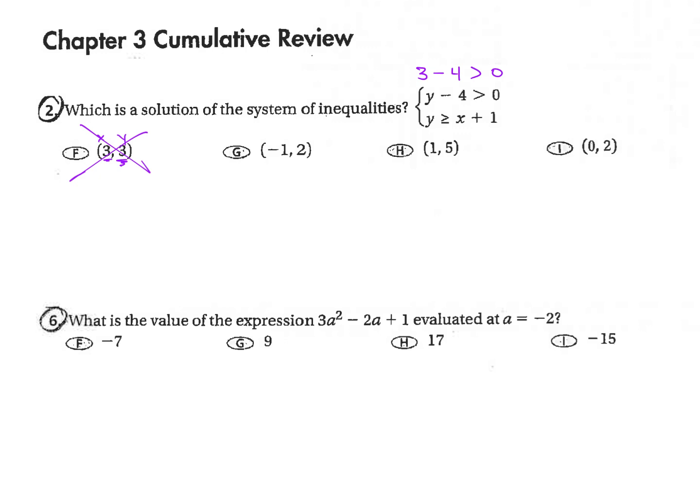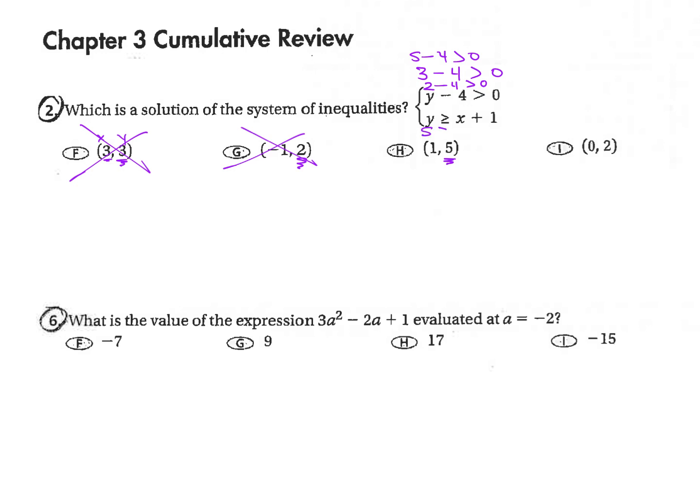So look at the second one. If I plug in a 2 right here, 2 minus 4, is that greater than 0? It's not, right? So that one doesn't work. If I plug in a 5, 5 minus 4, is that greater than 0? Yes. Okay, so that one works. Now check the next one to make sure it still works.